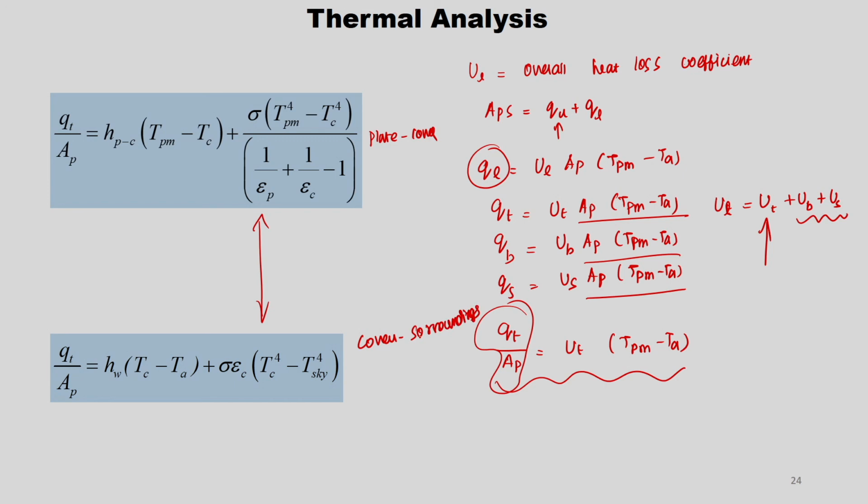To write this equation there are certain assumptions we take for this thermal analysis. The whole thermal analysis is done under steady state and one dimensional conditions. We consider the cover and the absorber plate as infinite parallel surfaces.